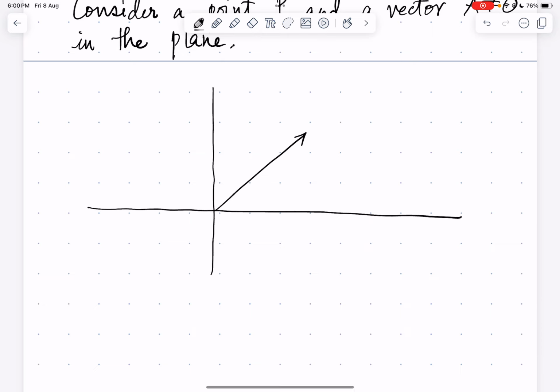So we are given a point P and a vector A which is not equal to 0 in the plane.